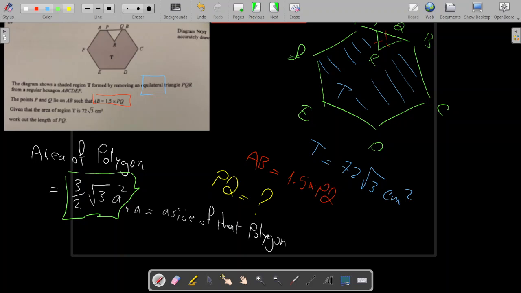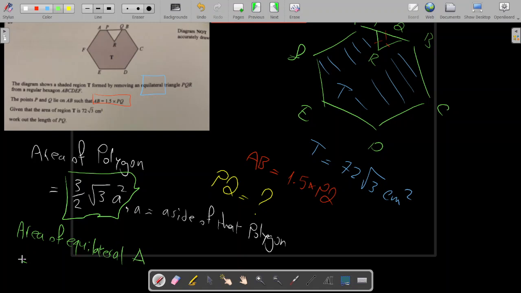Another rule that I needed you to know is the area of an equilateral triangle.